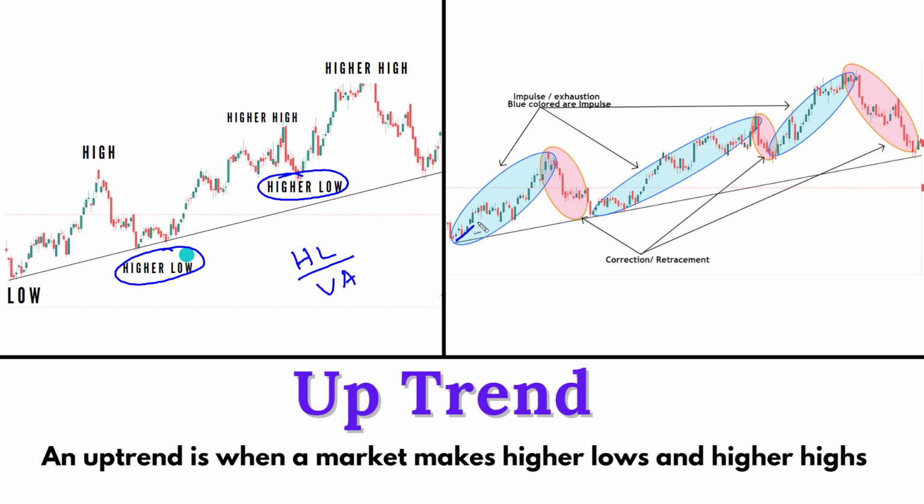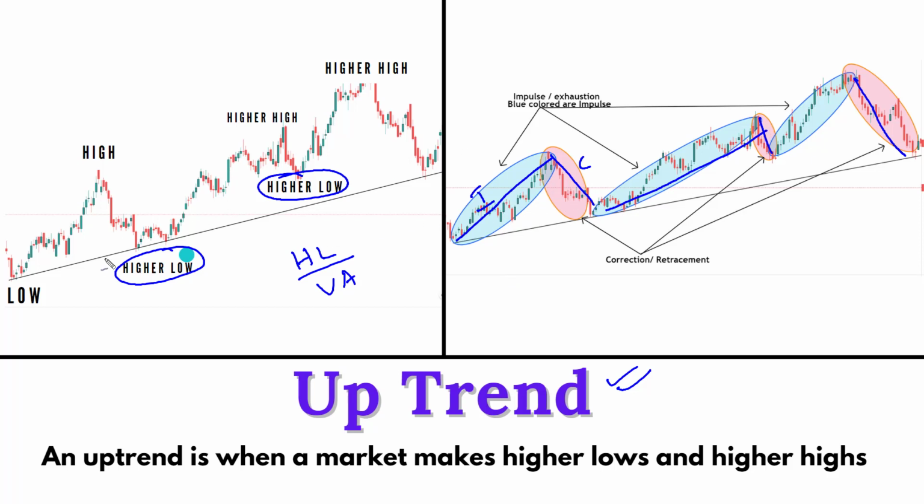Compare the rally in the upside. I'm talking about uptrend, please do remember that I'm talking about uptrend. If you see the impulse move and the correction move, which is the bigger one? Comparatively, the corrections of the trend are smaller compared to this rally.